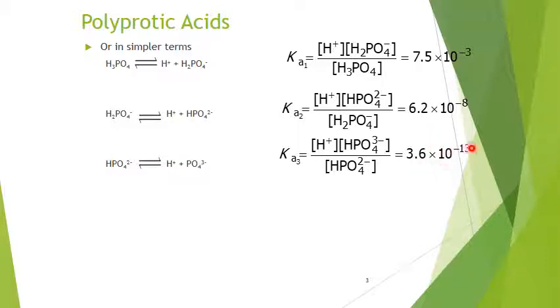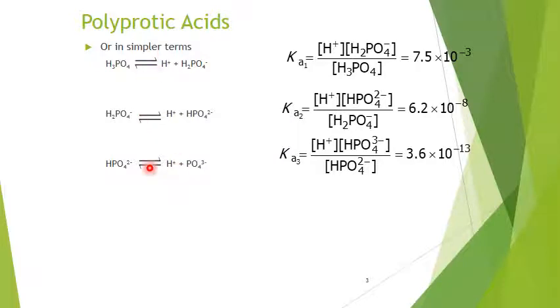And then finally, this number here, 10 to the minus 13, which is 1 times 10 to the minus 13th, is 1 out of 10 trillion. So this expression tells me that only 1 out of 10 trillion of these will split apart.